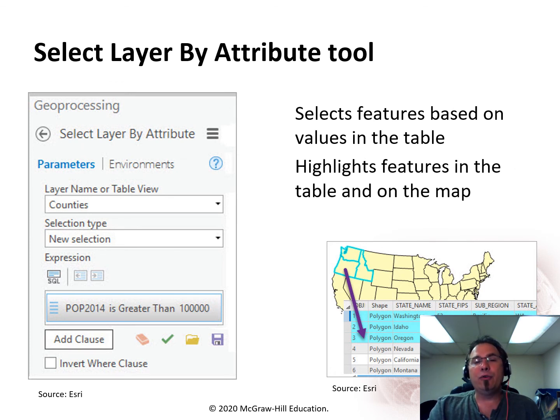Another thing that you're going to do quite a bit is select layer by attributes. You're going to do a ton of selection methods in GIS. Why? Typically, when you download a data set, you're going to get back way, way more than you actually need. If I'm doing a suitability analysis for a specific vineyard in, let's say, Dane County, I don't need all of Wisconsin.